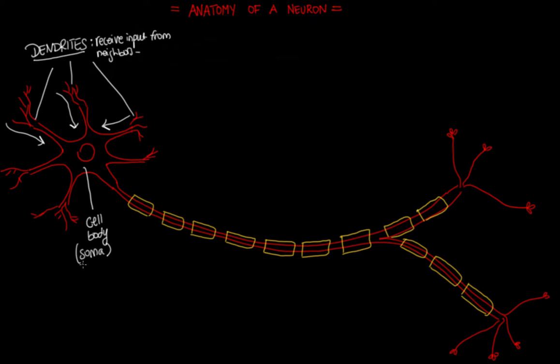And so the cell body or the soma is really important because it includes things like the nucleus, or the nucleolus, the Golgi, and pretty much any of the other organelles that you've studied in your cell chapter. So let's say cytoplasm as the fluid suspending the organelles, but also cytoskeletal elements.